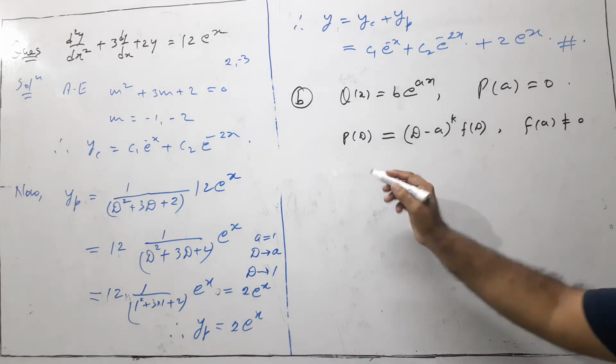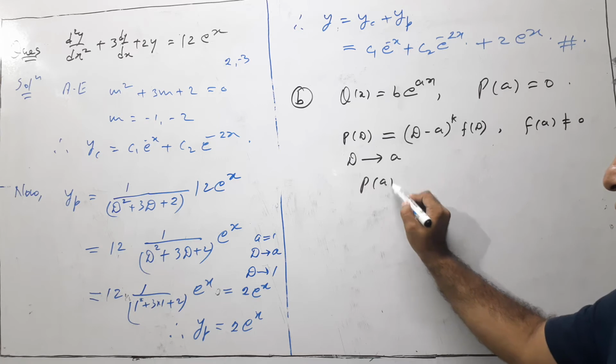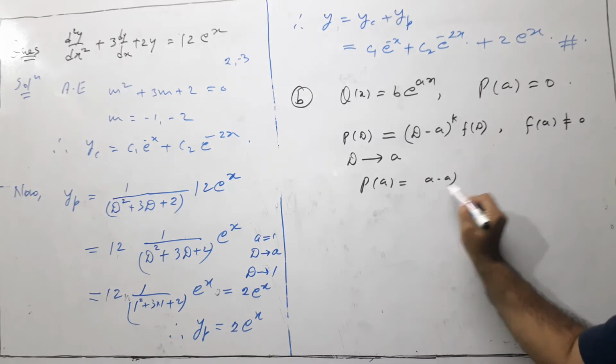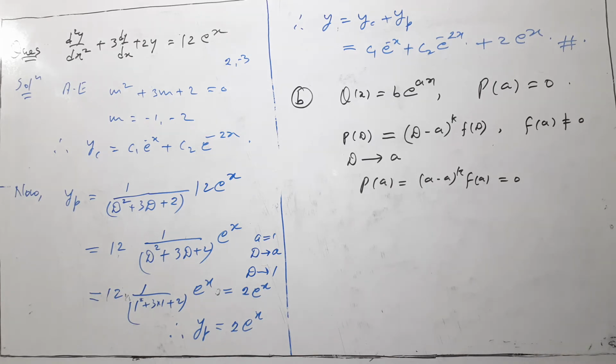It is clear that if we replace D by a, then P(a) is (a - a)^k f(a), which is 0.